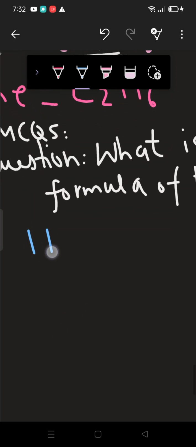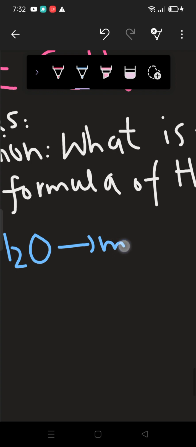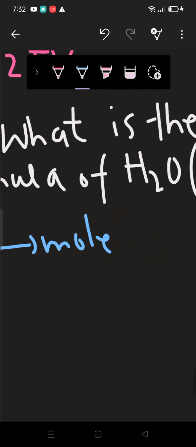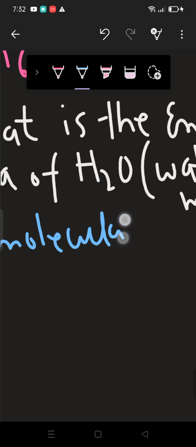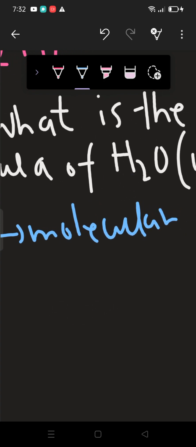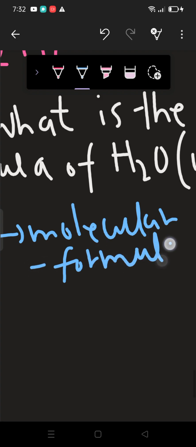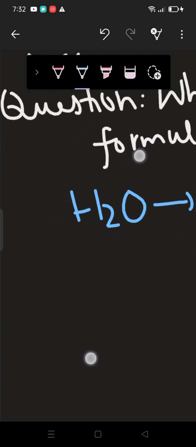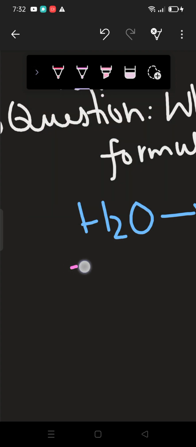If I do write it in the ratio form, we know that H2O is the molecular formula, which is letting us know about the actual number of hydrogen and oxygen atoms present in the water molecule. But now we need to find the empirical formula of it. So if I do write it in the ratio form, 2:1, now can you find the simplest ratio of it?